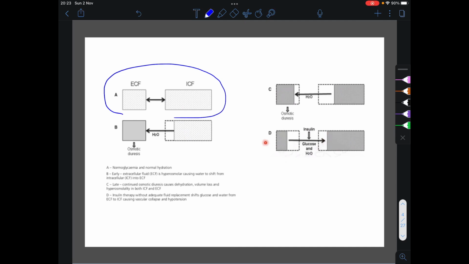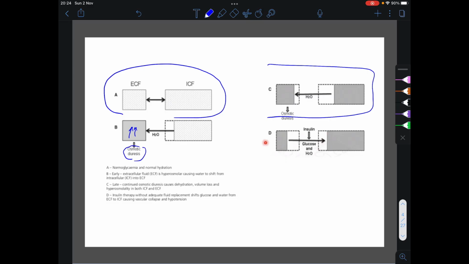You have increased glucose, and that draws fluids from the intracellular compartment to the extracellular or intravascular compartment. As this progresses, there is osmotic diuresis and release of fluids and electrolytes in the urine. Then the overall fluid in the patient starts decreasing.